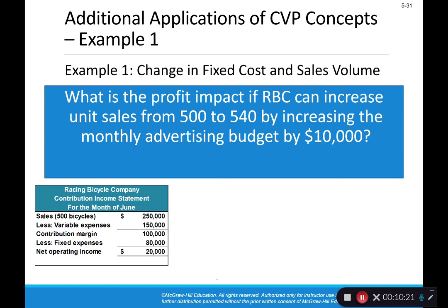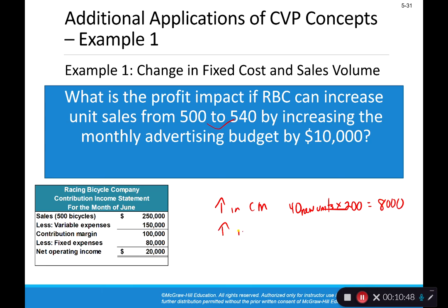So if we're increasing our unit sales by 40, I could figure out my increase in CM by taking the 40 new units and multiplying it by the CM per unit, which is 200. That means my increase in CM is going to be 8,000.